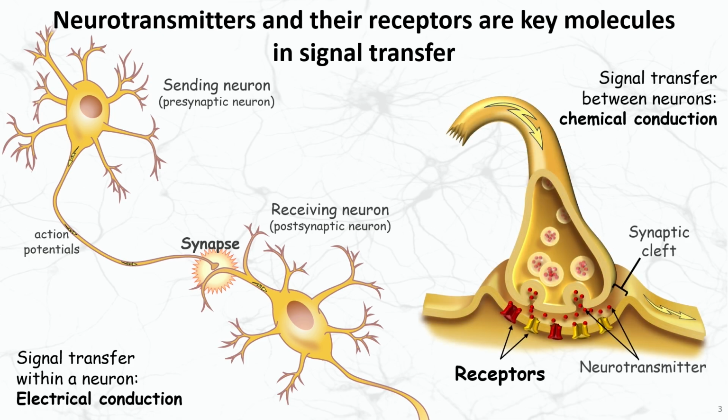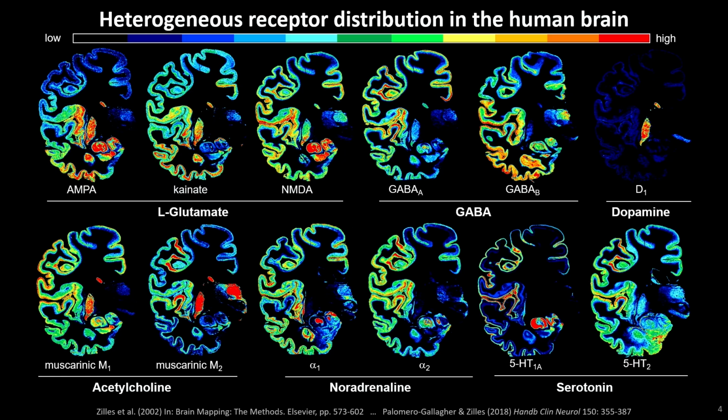Then we have to bring in this chemical conduction, which is mediated by neurotransmitters and their receptors. That's the way information can be passed on from one neuron to the next, okay? And that's why looking at receptors also helps us find out something about connectivity.